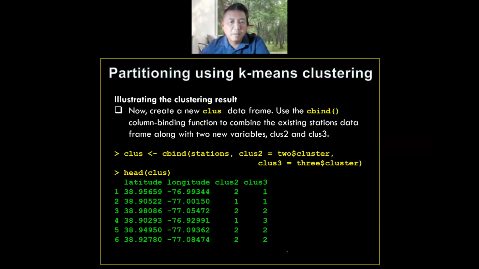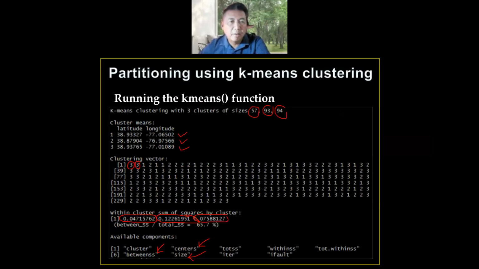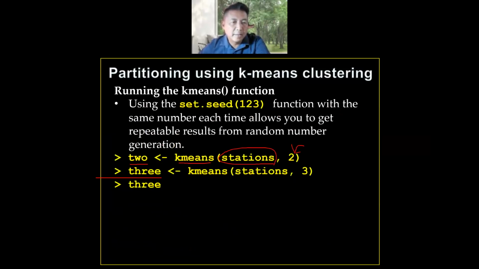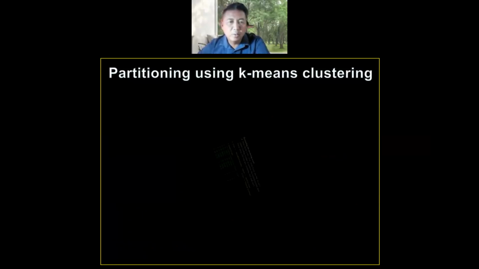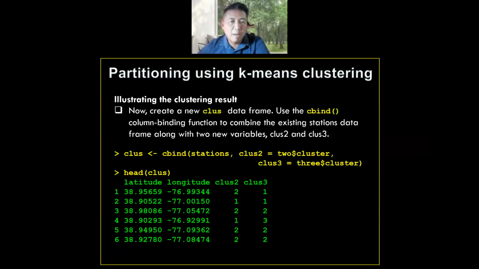Since this is not the end, because this one is only storing the membership. So what you want to do is combine this with your original data. So what we do here is I will combine the GPS data with the result that I get for the cluster 2 and also for the cluster 3.